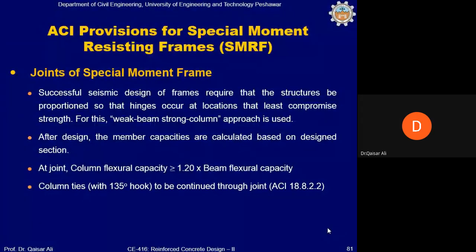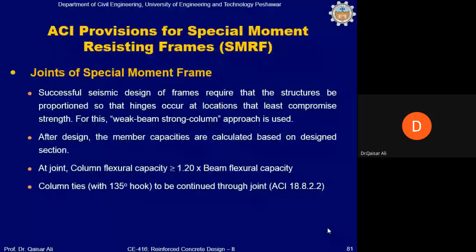For this reason, the ACI code wants to make sure that during this inelastic deformation and cracking and yielding of the connection part, this activity is restricted or shall happen in the beam part instead of the column part, or it should happen in the beam part first and then in the column part.